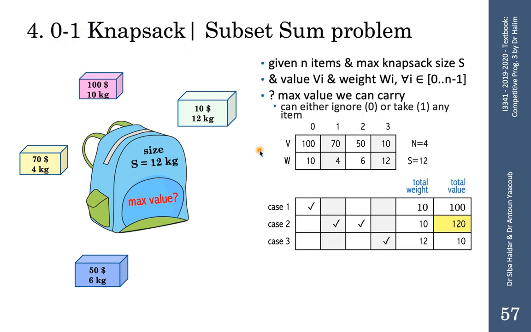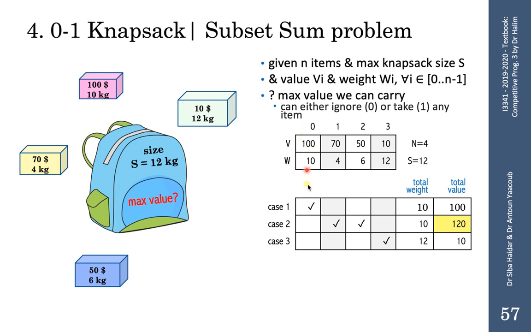So let's consider the example in the schema. I have 4 different items, each with a value and a weight, and for example, this item is of value 10 and weight 12, and the question is what is the maximum value I can put when the capacity is S equal to 12.